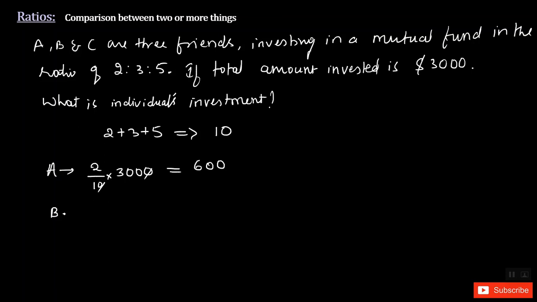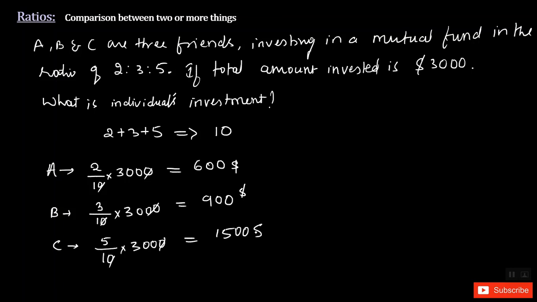For person B, 3 part out of total 10 multiplied by 3000, we get $900. For person C, 5 part out of total 10 times the same amount, $1,500. Add up all and you'll get 3000, right? So person A is 600, B is 900 and person C is 1500.